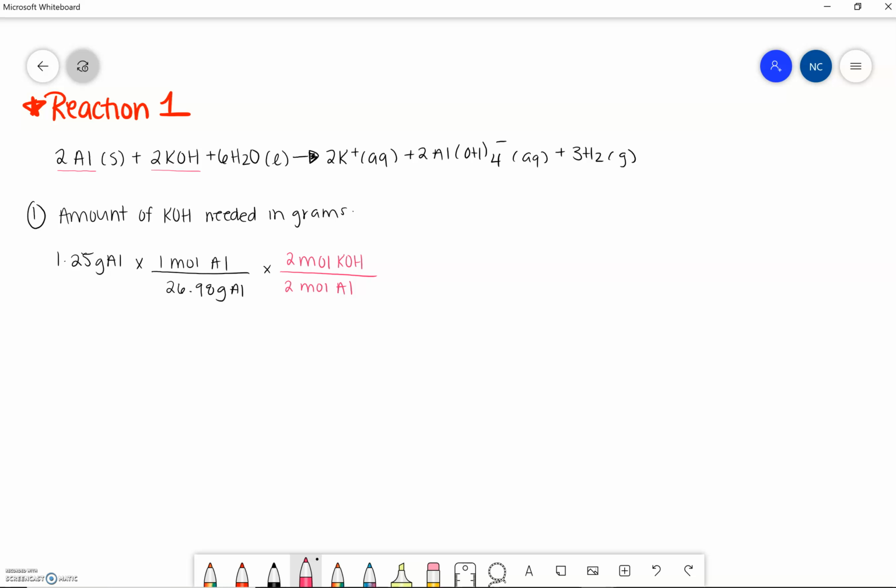And now it asks for the KOH in grams. So now we're just going to multiply by the molecular weight of KOH, which is 56.11 grams per 1 mole of KOH.